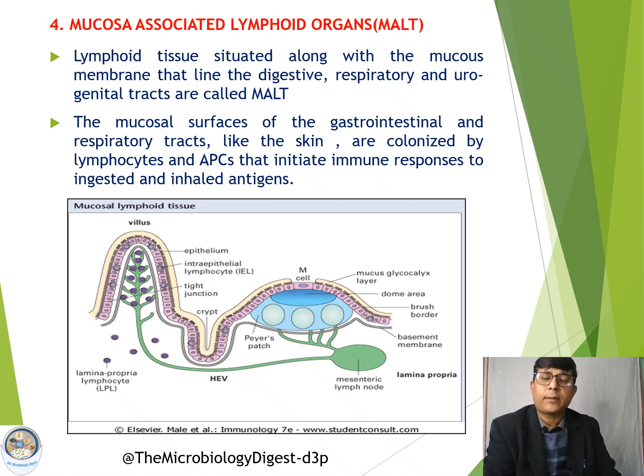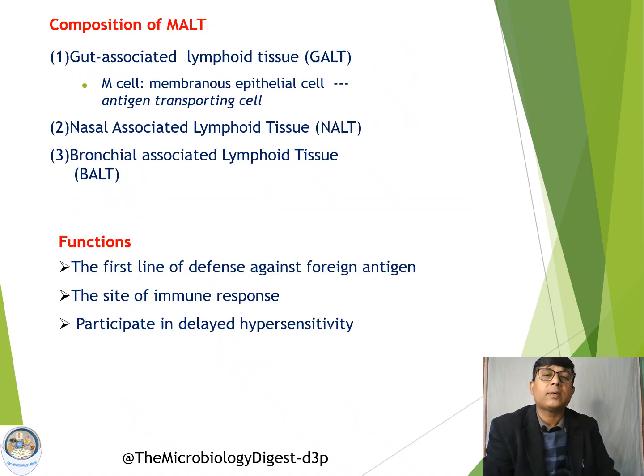They serve as secondary lymphoid organs because they are very efficient. They serve the function of efficient trapping. There are some specialized cells called M cells, and through these M cells they serve the majority of their functions.